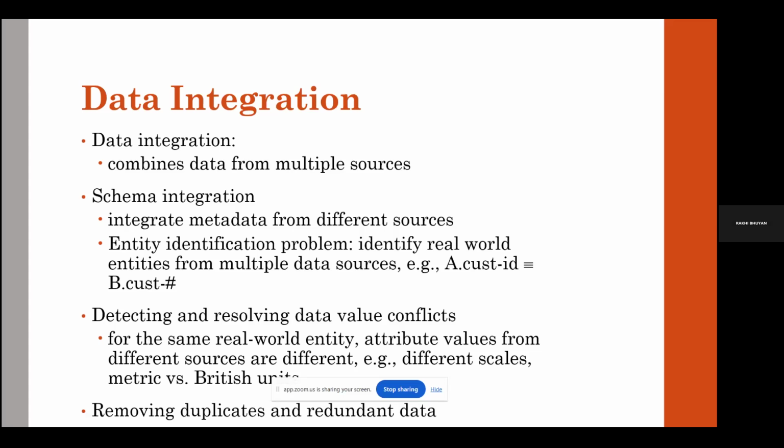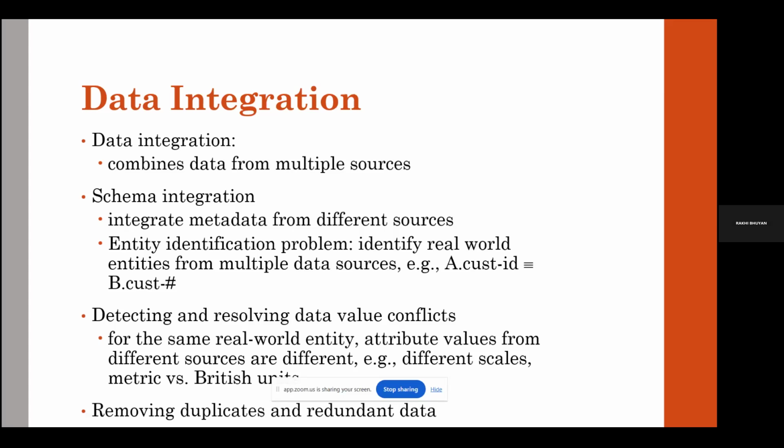But there are some problems in integration, like schema integration, integrating metadata from different sources, then detecting and resolving data value conflicts and removing duplicates. Schema mismatch, where column names differ, will create problems.